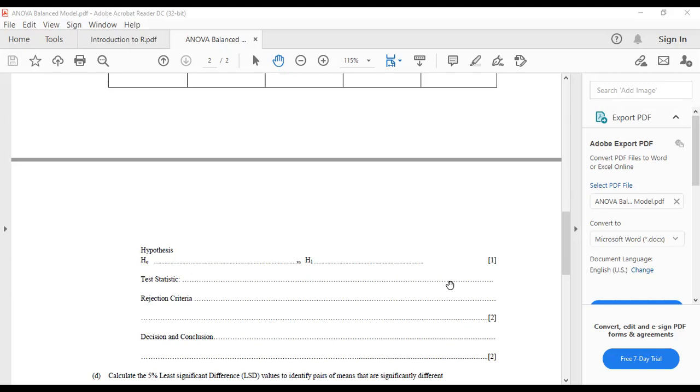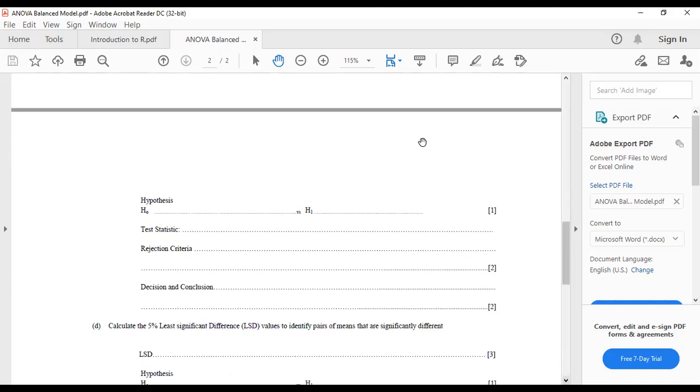Okay, for the decision and conclusion, we say since F is greater than F critical, which is 3.89, we reject the null hypothesis and conclude that at 5% level of significance, there is no sufficient evidence to conclude that the means are the same.